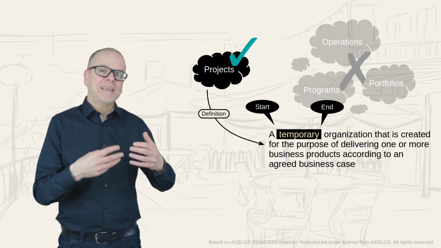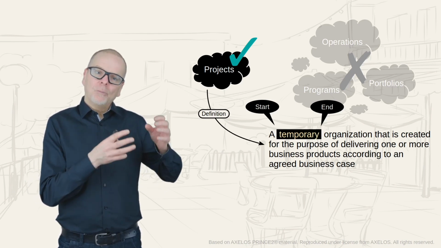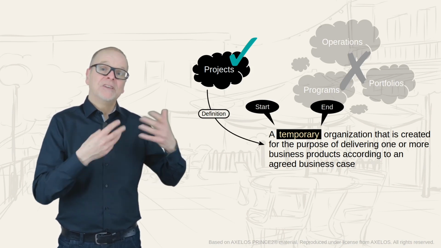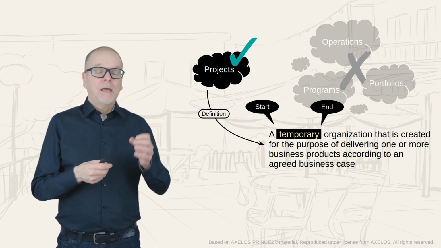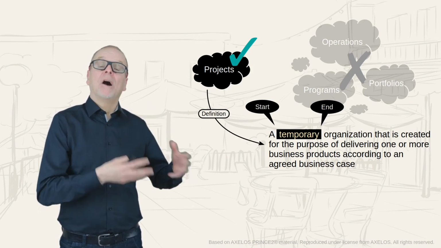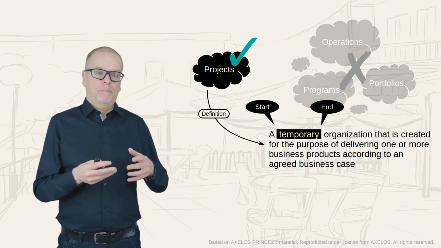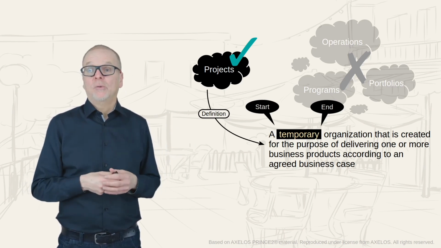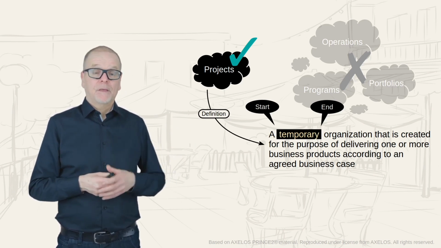So we don't see that as temporary. We don't have a definite end date in the same way we do for finishing a building project. Now, what happens at the end of a project? Well, people go back to their normal work, or they go on to get a new project. So that's it for temporary.